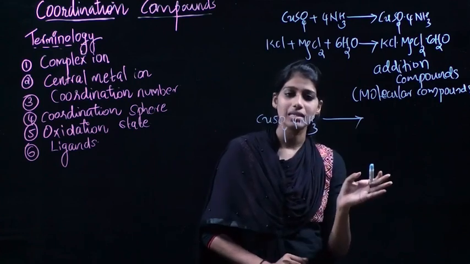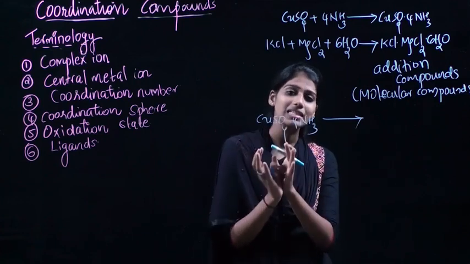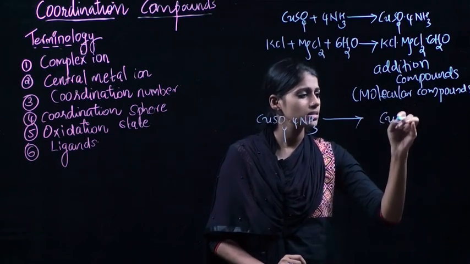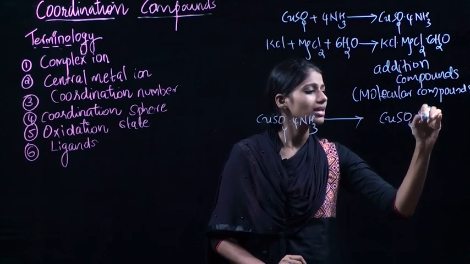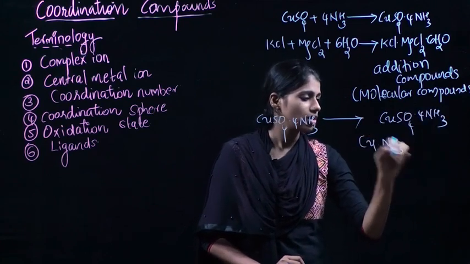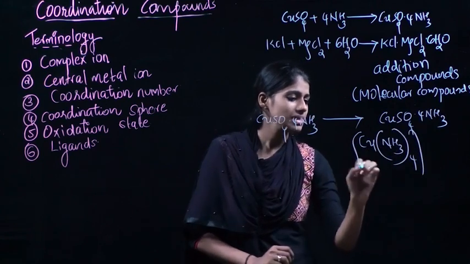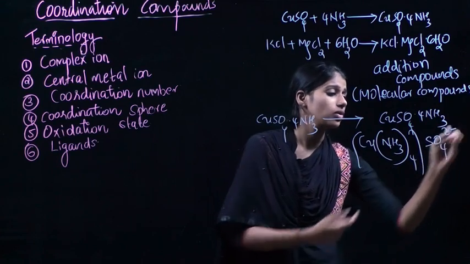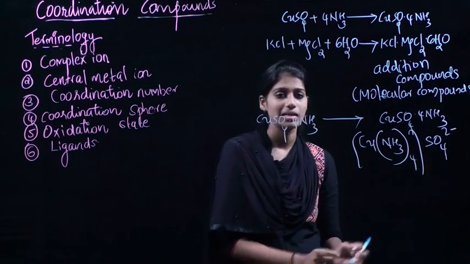But it is observed that they retain their identity even in the aqueous solution. CuSO4·4NH3 is actually represented as [Cu(NH3)4]SO4, where the copper and ammonia exist as a unit and the sulfate ion is present outside of the sphere.